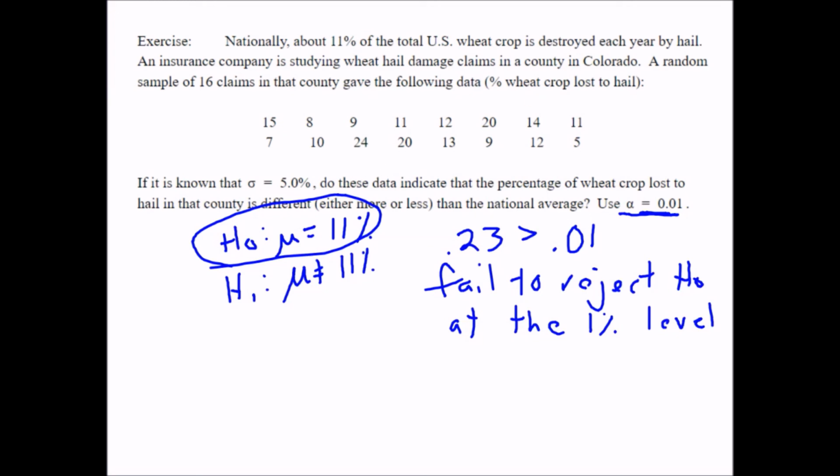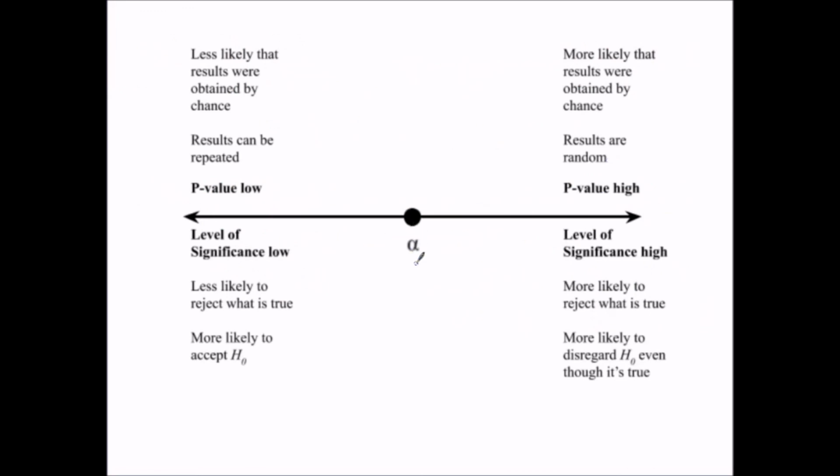Now, why do we compare the p-value and alpha? So right here in the middle I have alpha. So imagine this is the 1% or the 0.01, right? If the p-value is lower, so imagine the p-value down here, then what ends up happening is that we reject the null hypothesis.